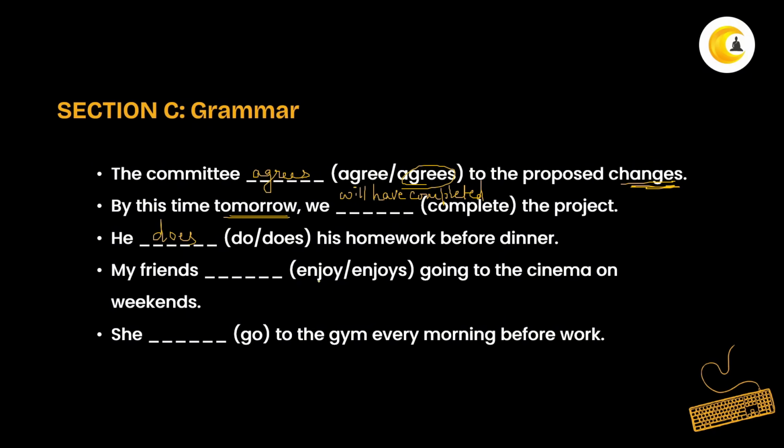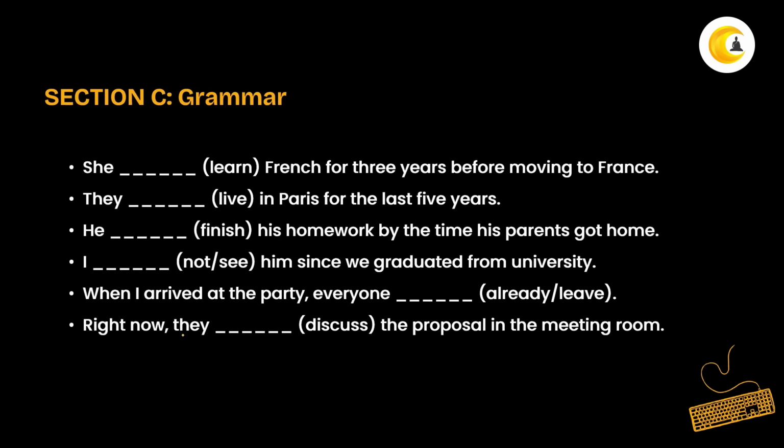My friends dash going to the cinema on weekends. My friends enjoy. Because your friends is plural, they cannot enjoys. They will enjoy. Okay? So this will be enjoy. He dash to the gym every morning before work. She goes to the gym. Okay? Every morning before work.